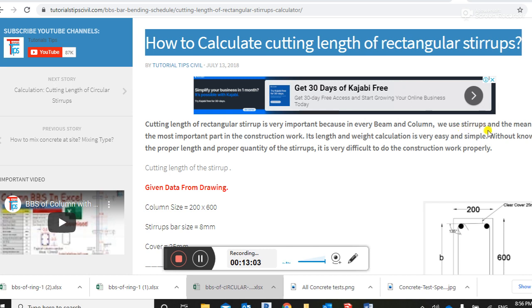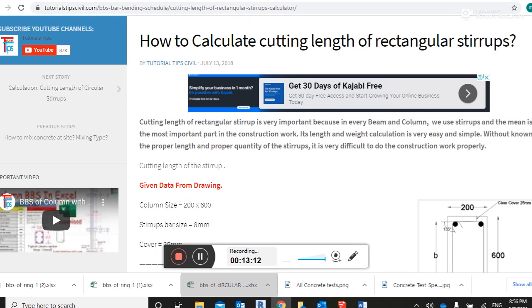It is the most important part in construction work. Length and weight calculation is very easy and simple, but without knowing the proper length and proper quantity of the stirrups, it is very difficult to do the calculation work properly.